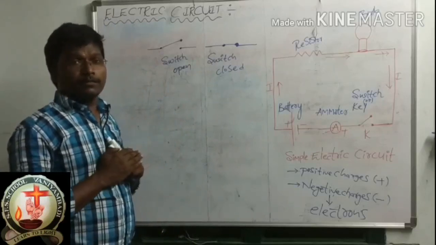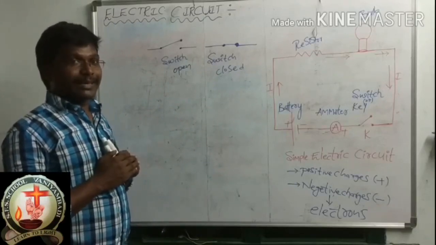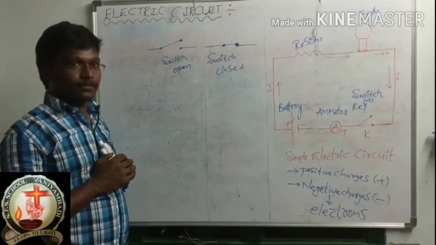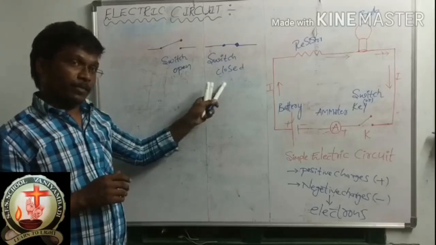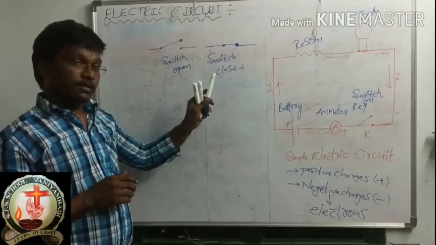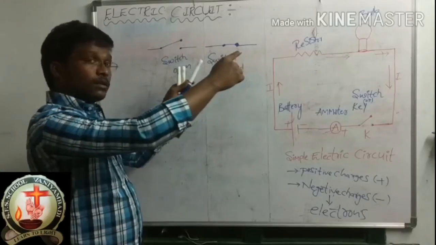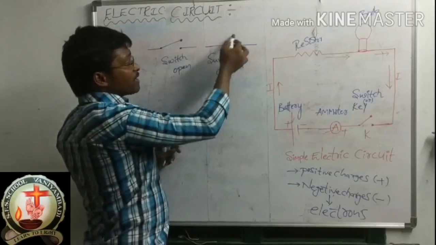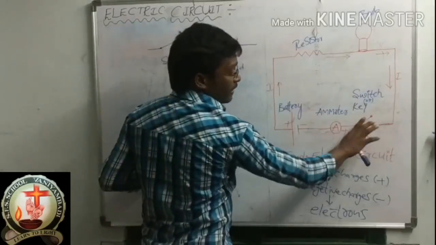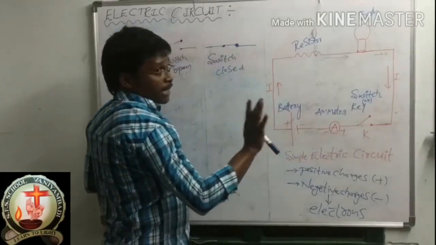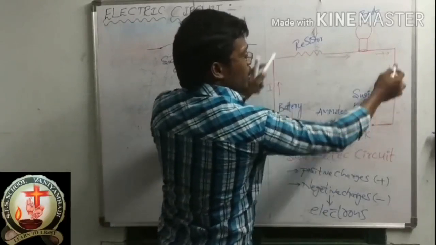Whenever the switch is closed, some amount of charges will flow through the circuit. Once again, whenever the switch is in closed condition, the electric charges will flow through the electrical circuit and reach the bulb.